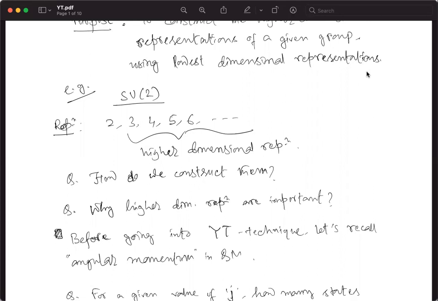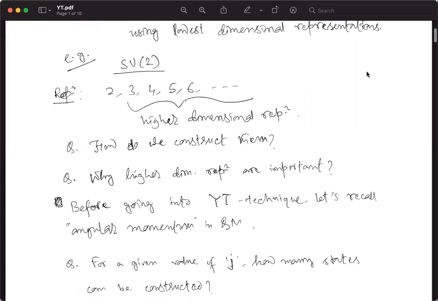Now the idea is whether we can construct these higher dimensional representations starting from 3 using the lowest dimensional representations, or in other words, the fundamental representation, which is 2. So how do we construct them?